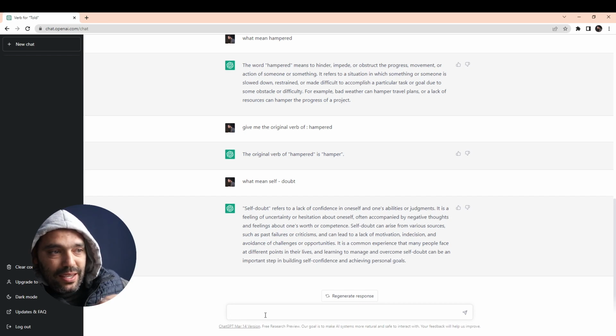Self-doubt can arise from various sources, such as past failure or criticism, and can lead to a lack of motivation and decision and avoidance of challenges or opportunities.